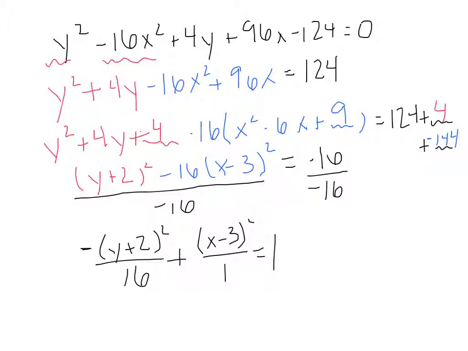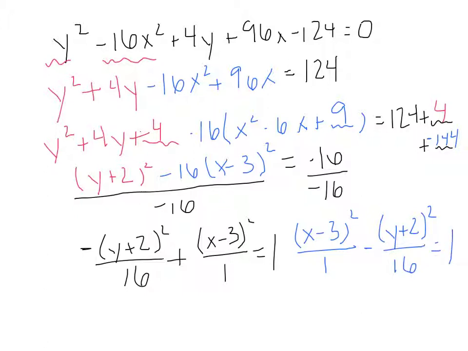We're not used to seeing hyperbola equations written this way, so you can always switch them around if you want. We get (x minus 3) squared over 1 minus (y plus 2) squared over 16 equals 1.